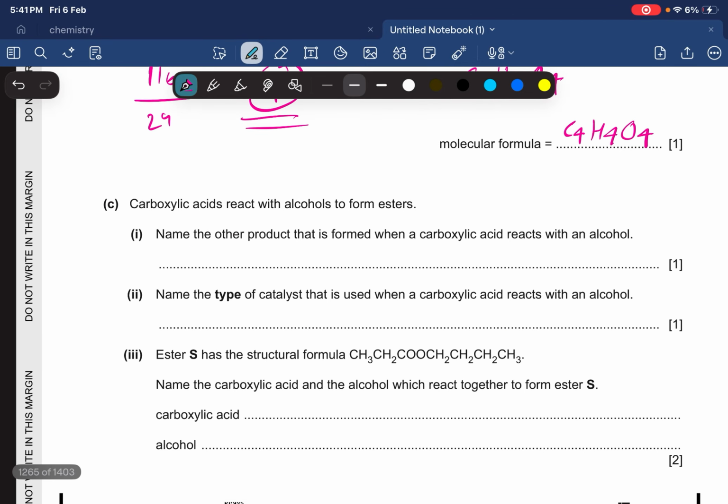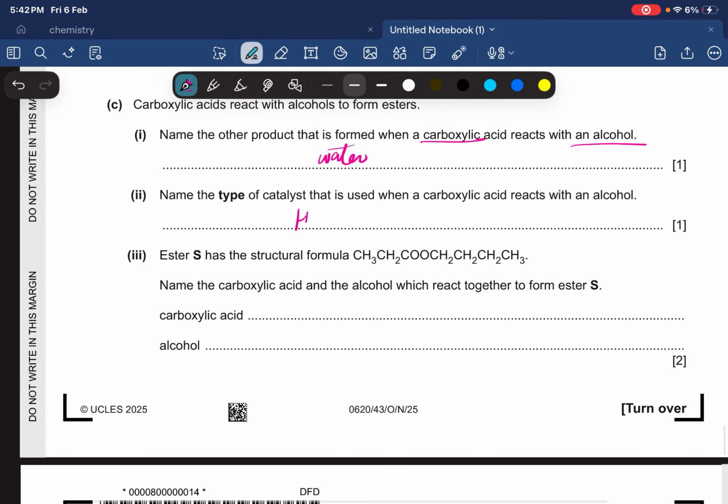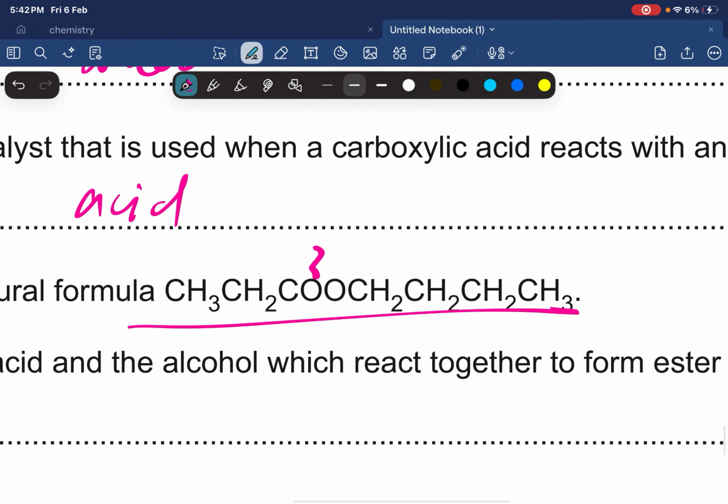Carboxylic acids react with alcohols to form esters. Name the other product that is formed when a carboxylic acid reacts with an alcohol. Always remember water also forms in esterification. Name the type of catalyst. We use H2SO4. They're not asking about the specific catalyst, so the type of catalyst is an acid catalyst. Ester S has this structural formula. Name the carboxylic acid in the ester. We're going to break it from the center.